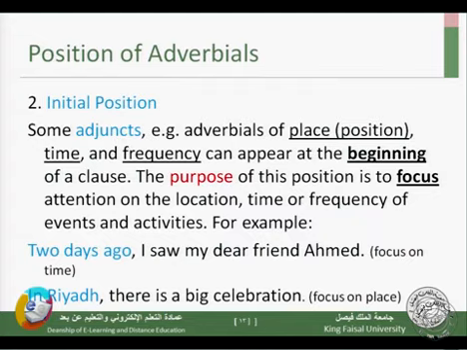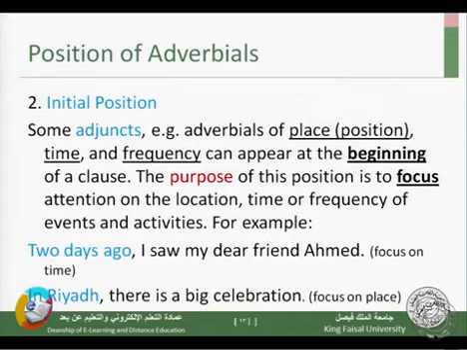Then we have the initial position. Initial means first or beginning. So these appear at the beginning of the clause, and those include adverbials of place, especially position, adverbials of time, and adverbials of frequency. Those can appear in the beginning, and they have a special purpose. There is a special reason why we use these at the beginning.